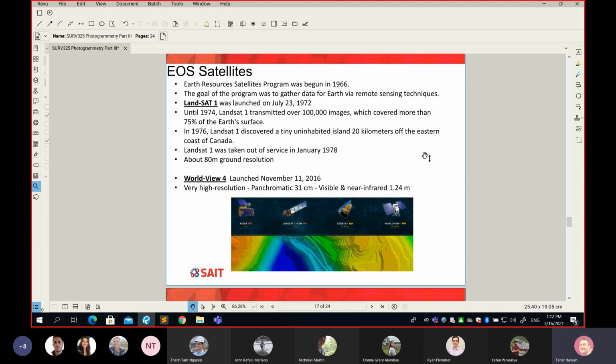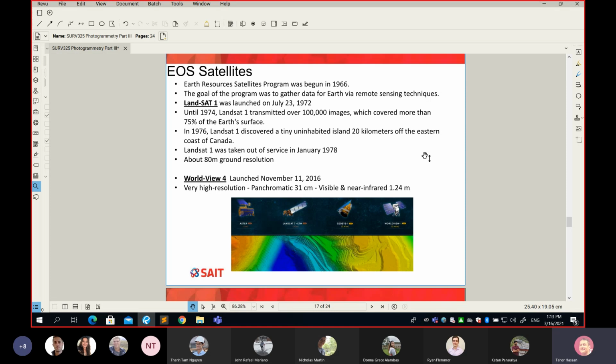Landsat 1 was taken out of service back in 1978, but since then they keep sending several missions. Do you know what the version of Landsat is right now? We have Landsat 8 and 8TM. So we have Landsat 2, 3, 4, 5, 6, 7, 8, and 8TM.